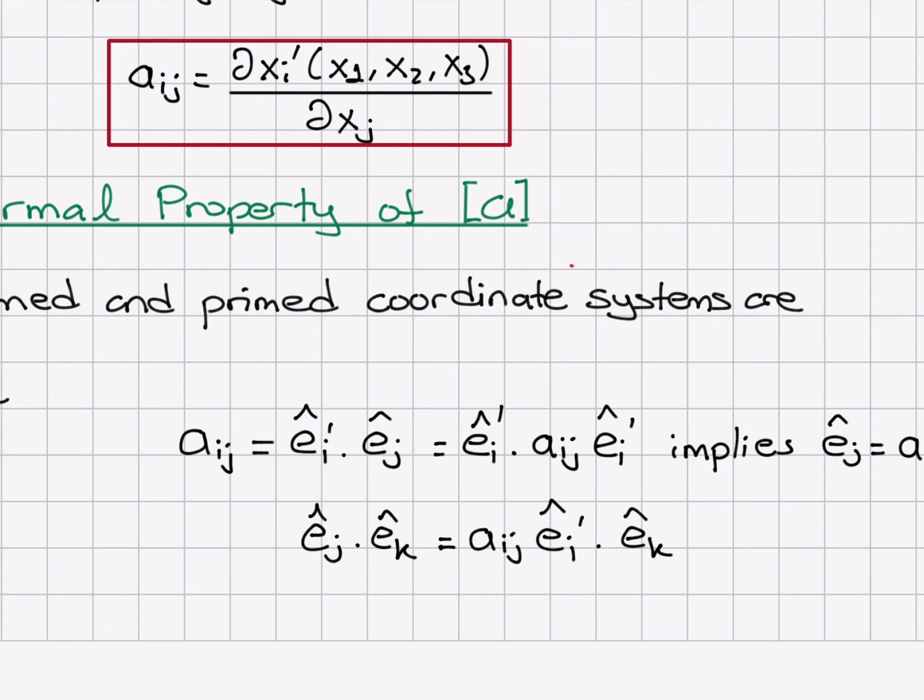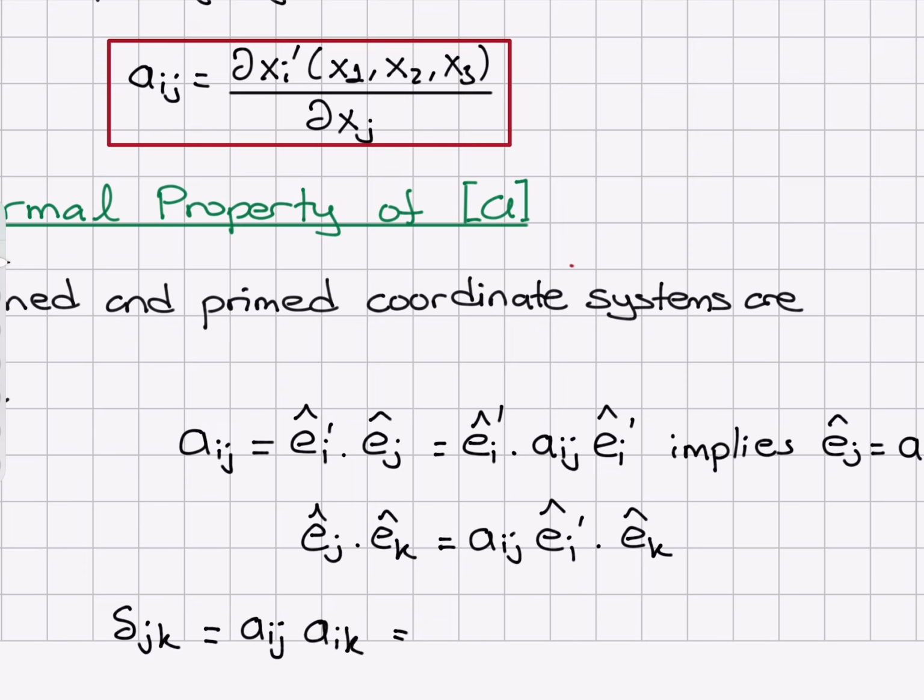Since this is an orthonormal coordinate system, Ej hat dot Ek hat, this dot product we know is equal to Kronecker delta Jk, which means when J and K are equal, that dot product is equal to 1. And this is going to be Aij multiplied with, you can see here, Ei prime hat dot product with Ek hat, which is simply Aik.